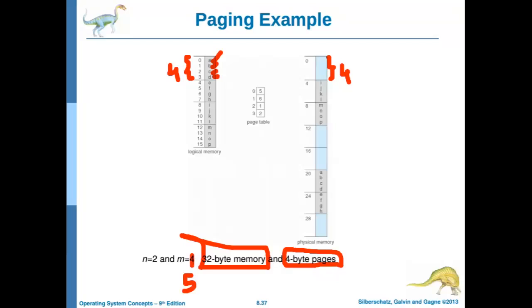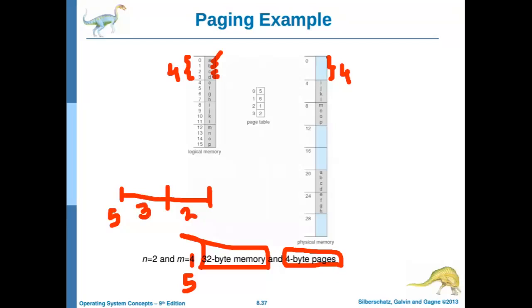So the meaning of this is, let me tell you, we'll have something like this. Total 5 bits. Out of this, 2 will be utilized for the offset and 3 will be utilized for the page number.